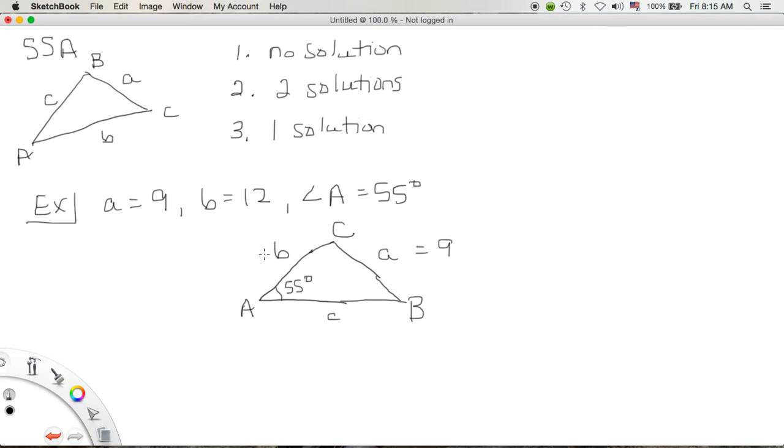So if this length is 9 and this length is 12, the way you test this is you have to use some geometry that hopefully you remember, and you have to drop a perpendicular here. This is the height of the triangle, right? What we need to know is what this height is so we can tell if this actually makes a triangle.